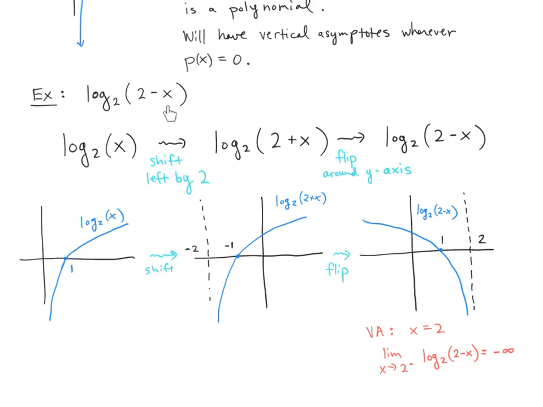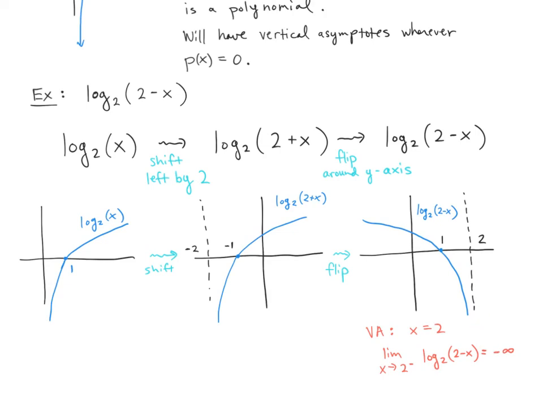And to determine the domain of a log composition function, you need to know where the function on the inside, in this case our 2 minus x, is greater than 0, because log only accepts positive inputs. Right? So in this case we had to know where 2 minus x is greater than 0. Of course that's where x is less than 2. Right? So since x is less than 2, and we know that at 2 we hit 0, that's going to tell us that we must be making an approach to 2 from the left.